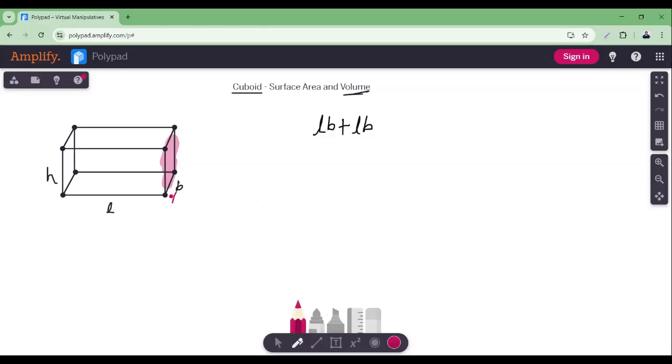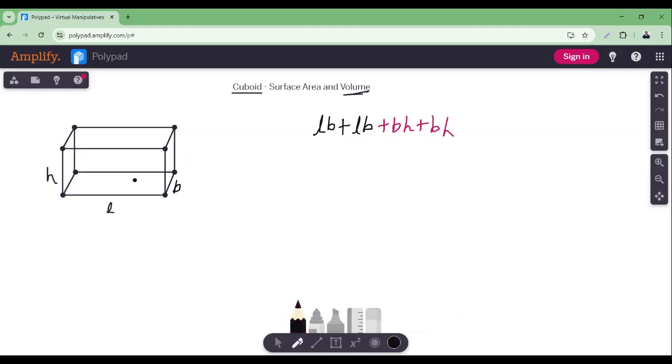This side is B, and another side is H. This is also H. We take only one base multiplied by one height, so that will be base times height for this face. Now for the other face, again, it's base times height.